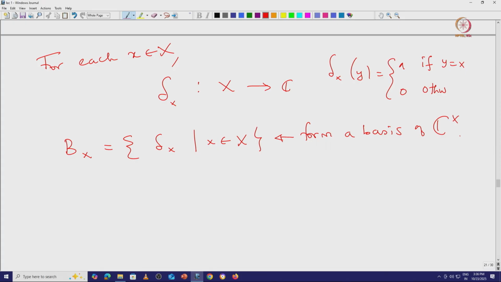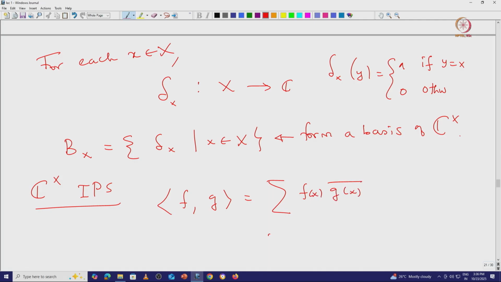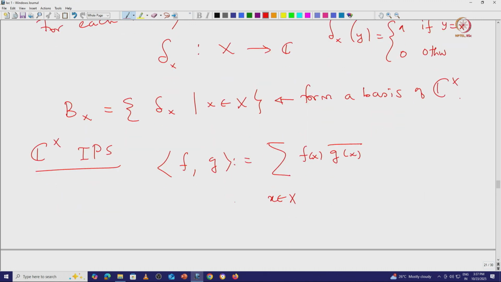We can make C^X into an inner product space by defining the inner product to be the summation over x in X of f of x times g of x bar. With respect to this, C^X becomes an inner product space, and it is an easy exercise to prove that this delta_x forms an orthonormal basis.